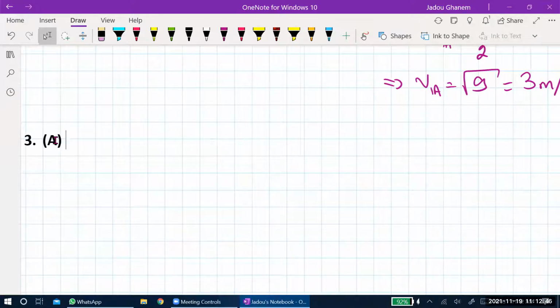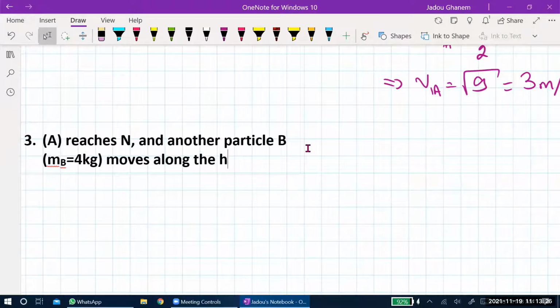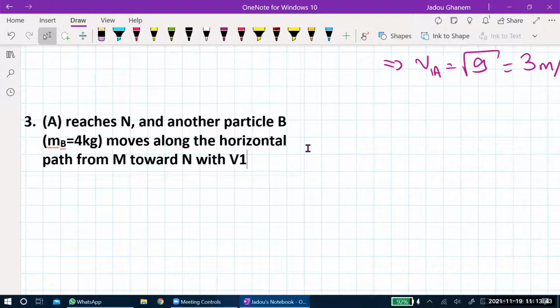So A, or particle A, reaches N and another particle B, given mB equals 4 kilograms, moves along the horizontal path from M toward N with V1B.